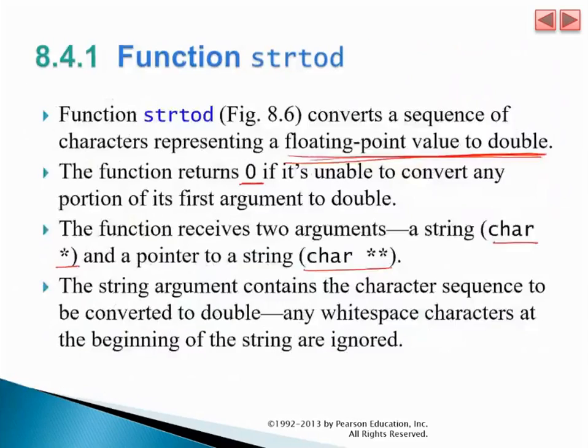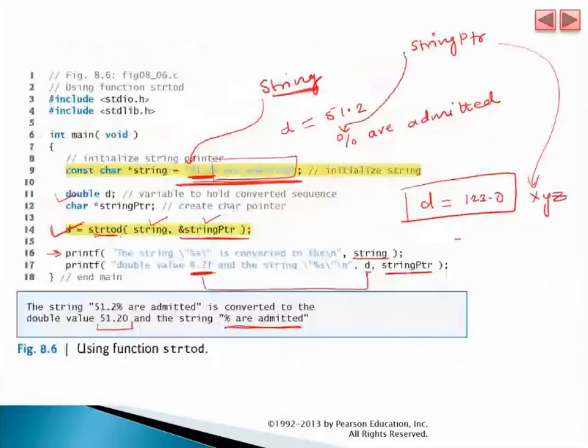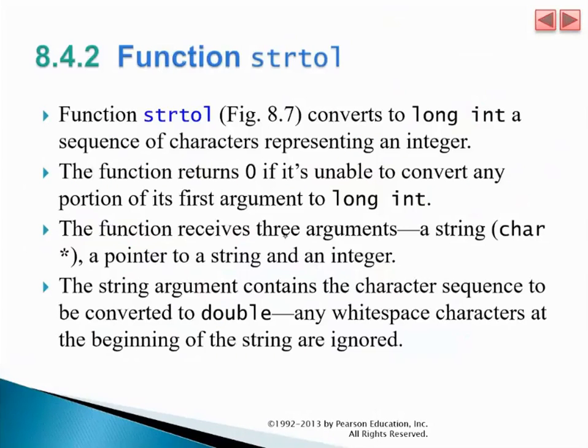When this function gets called, the end pointer will point to the string pointer. Therefore we need to send the address of this pointer. So this is the first function.